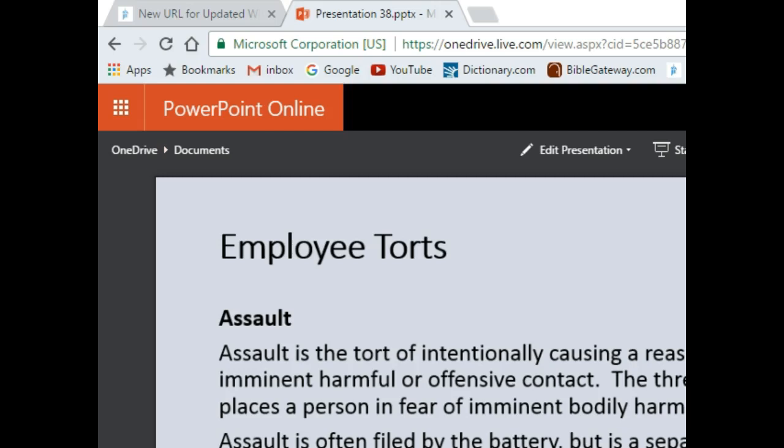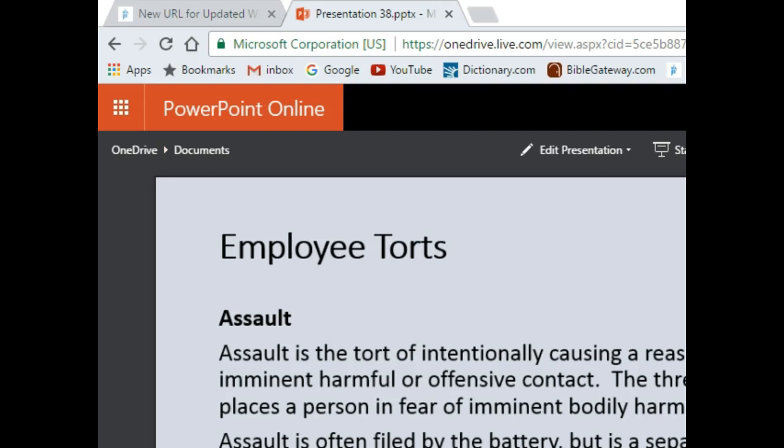Now, battery is the offensive touching of another without consent or excuse, resulting in harm. Harm may be manifested both by physical and mental injuries, or physical injuries and mental distress.